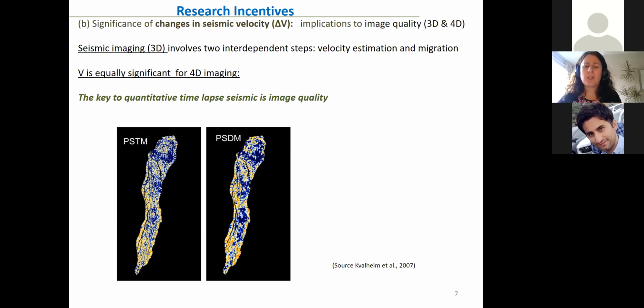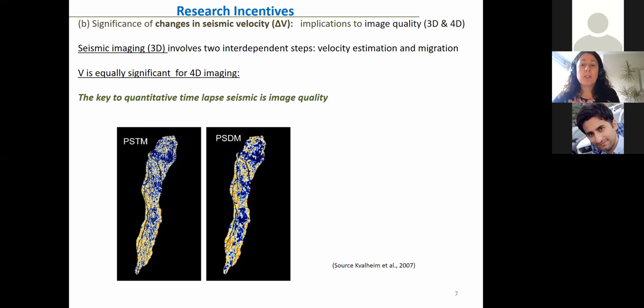And intuitively, when I first started looking at this problem, I thought, well, if you are looking at 4D seismic, which means you're going to be comparing a baseline seismic data to monitor seismic data, and really you're looking at differences, maybe image quality won't matter as much for 4D, given that whatever error in migration in the baseline and error in the monitor may potentially cancel out.